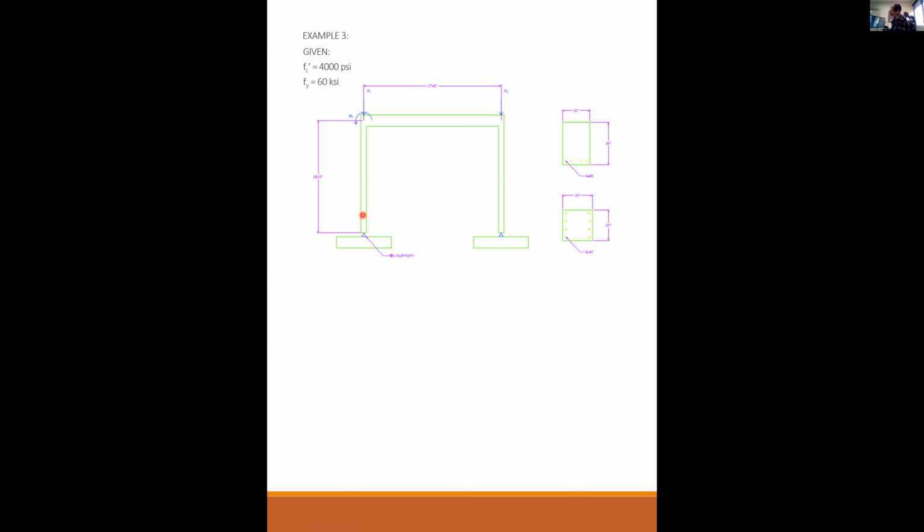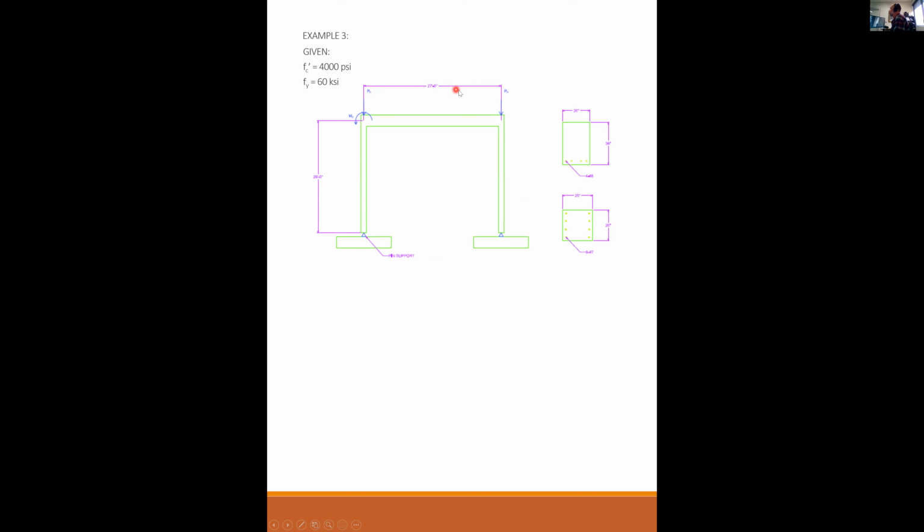Example. F prime C is 4,000, Fy is 60 ksi. Here's our frame again, our old buddy with 8 number 7s, 20 by 20 columns, and the beams are 20 by 36 with 4 number 8s. It's the same frame, only I have a pin support now. The height is 26 feet.